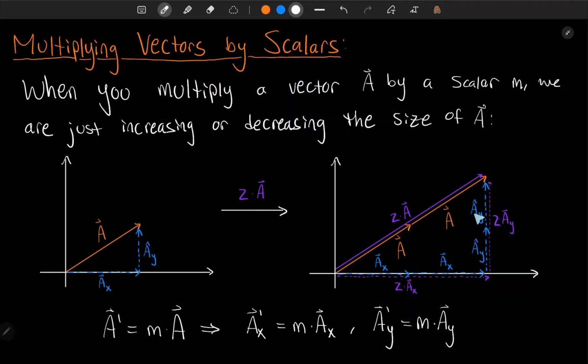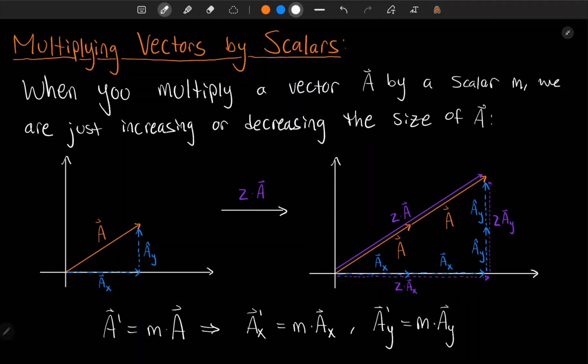And the reason I only use 2 vectors here is that we're multiplying by 2. If I multiplied by 3, let's say, then I would put 3 AXs next to each other and 3 AYs on top of each other. And then the resultant A would be 3 times stacked on top of each other. And if I had a negative instead, we would just flip all of the directions of all of these vectors.